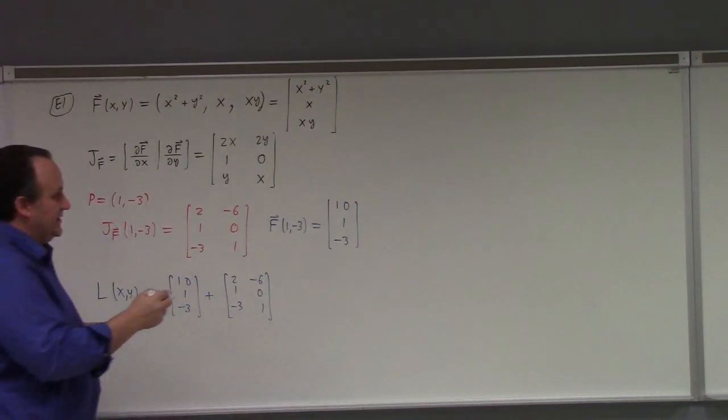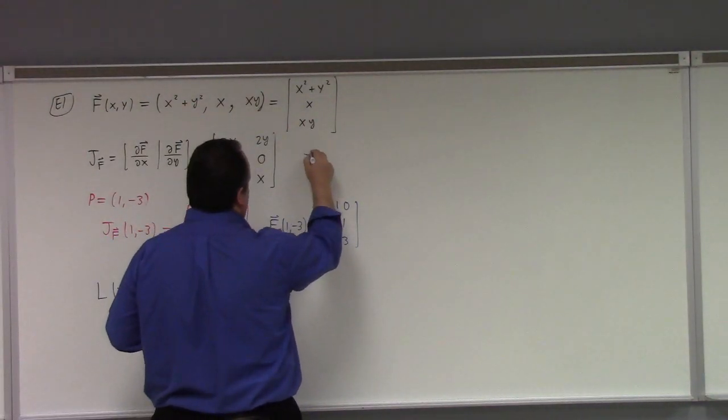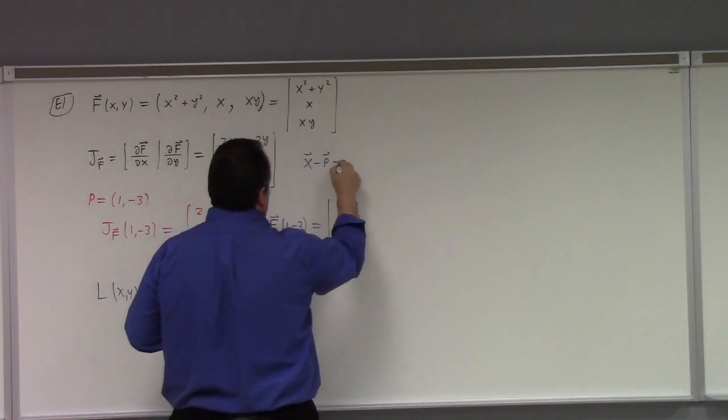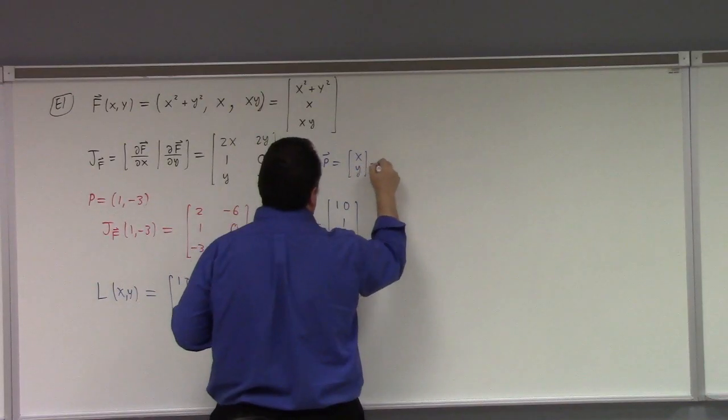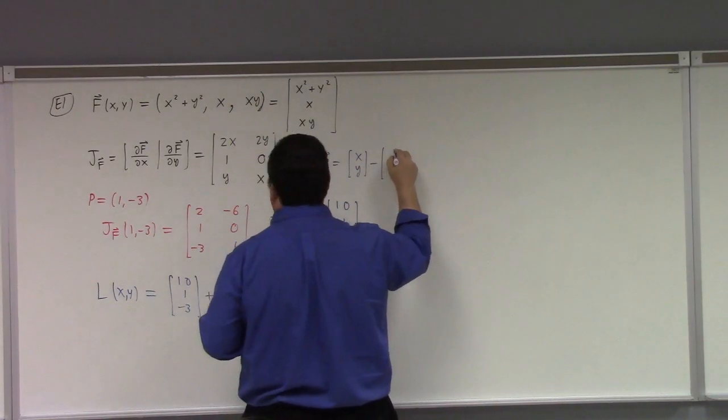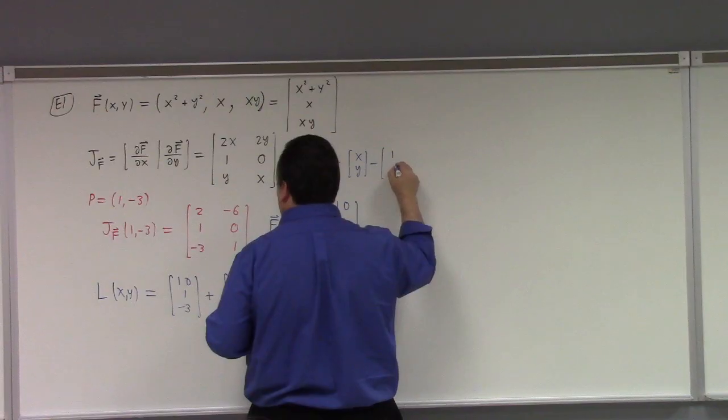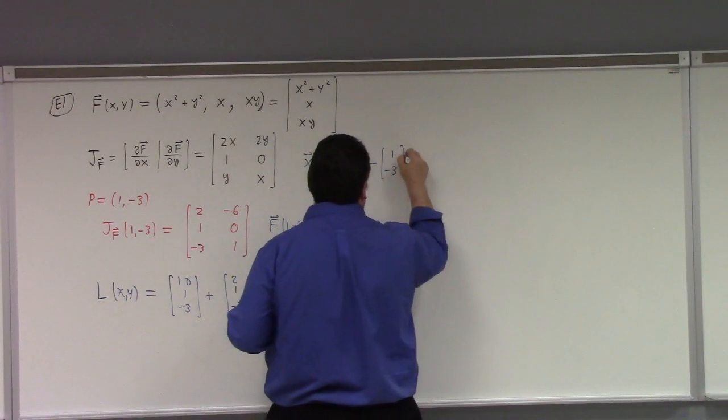What's x minus p here? X vector minus p is actually, for us, xy minus 1 minus 3. Sorry, this is violating my larger notational patterns, but it is what it is.